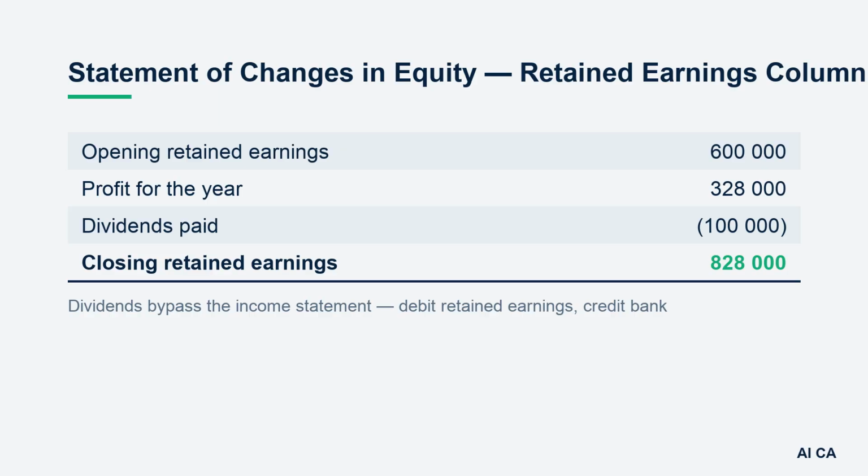Closing retained earnings are therefore 828,000. The revaluation surplus moves from 0 to 80,000 in its own equity reserve. Total equity increases by 308,000 net of dividends, which ties to the movement on the SOFP. If these numbers do not agree, there is an error in the ledger.